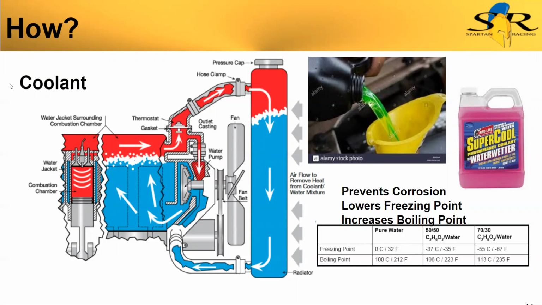I guess I should mention, if you are just going to run straight water, it's very important to only use distilled water. Any minerals are going to foul your system. It's going to accumulate on the inside of your radiator and on the inside of your engine, and it's going to prevent the transfer of heat.